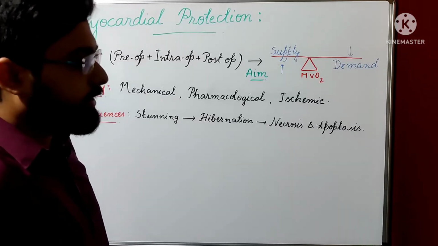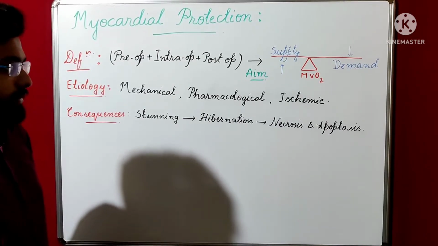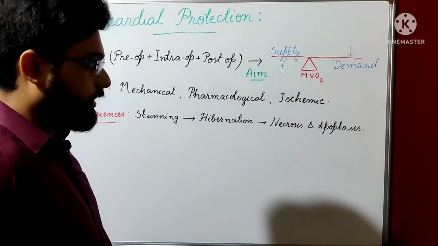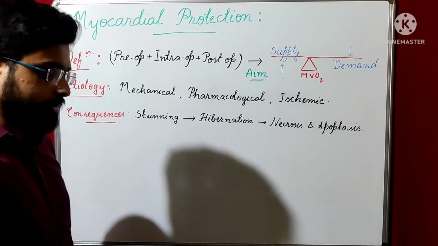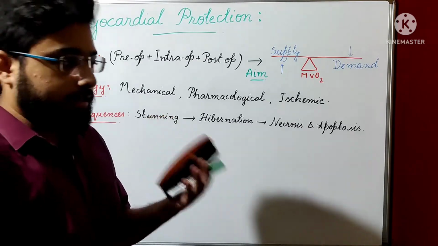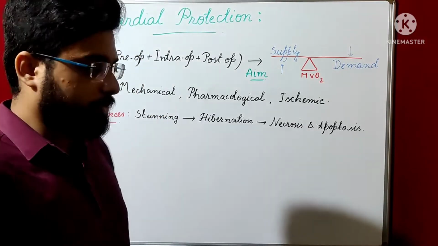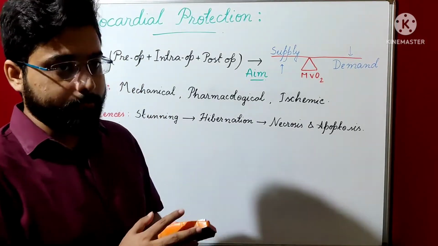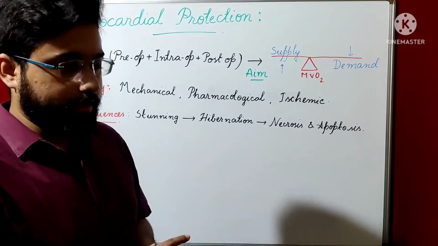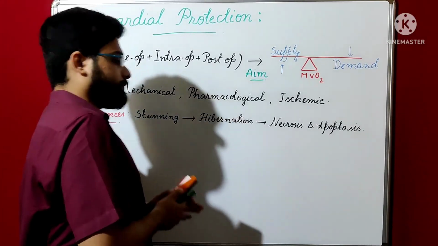For cardiac surgery, the limiting factor to myocardial perfusion is the surgical need, the need of the surgeon for surgical exposure of the heart for sufficient time to complete the surgery.